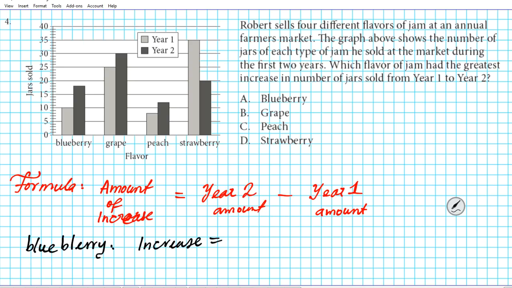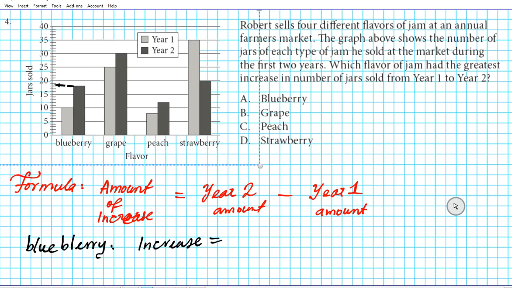It's not clear what that is, so we'll extend the bar for blueberry to the y-axis. So that's 15, 16, 17. Roughly, let's say it's like 18. Yeah, it looks like 18.